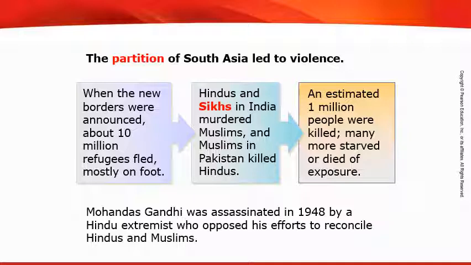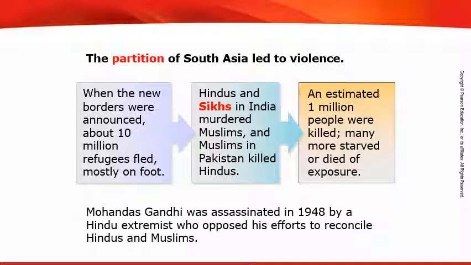Mohandas Gandhi, the founder of India, was assassinated soon after the independence of the country, in 1948, by extremist Hindus, those who wanted to keep India unified, and they were opposed to Gandhi's efforts to reconcile with Muslims. Basically, Gandhi had a philosophy that he wanted a peaceful coexistence.